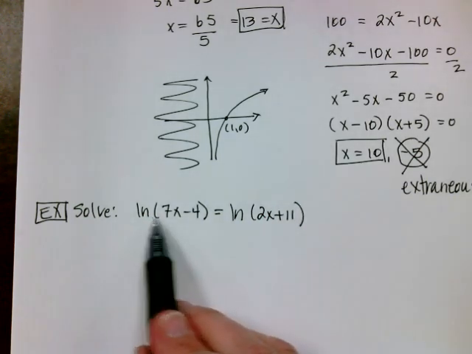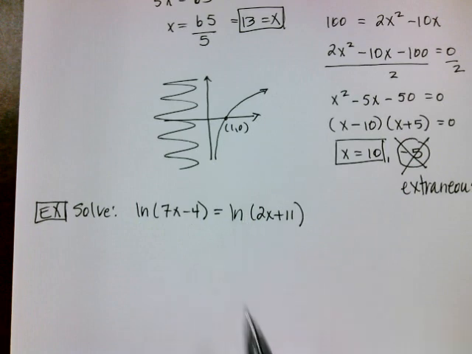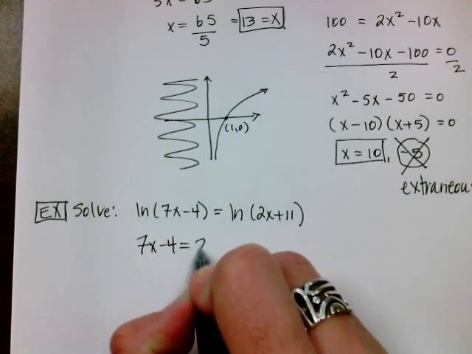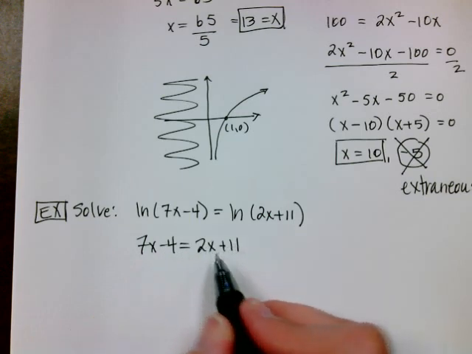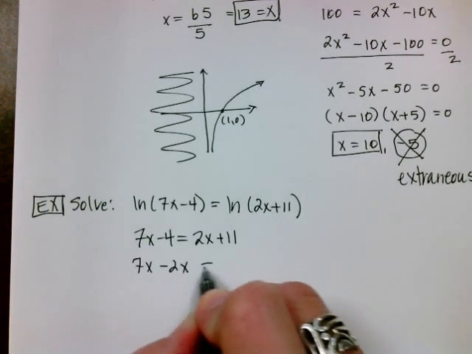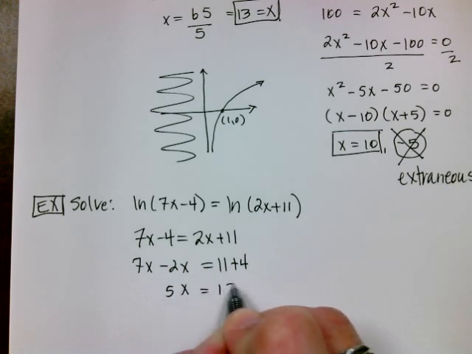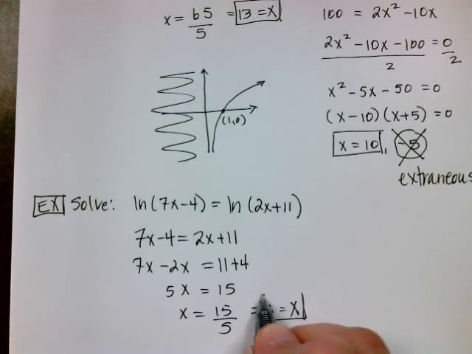We'll notice that my bases are the same, e on both sides, and I'm doing the natural log, so by the one-to-one property, I can say 7x minus 4 is equal to 2x plus 11. Now I can solve that simple equation. So 7x minus 2x is equal to 11 plus 4. 5x is 15. X is 15 divided by 5, which is 3. Okay, so there's my solution to that one.